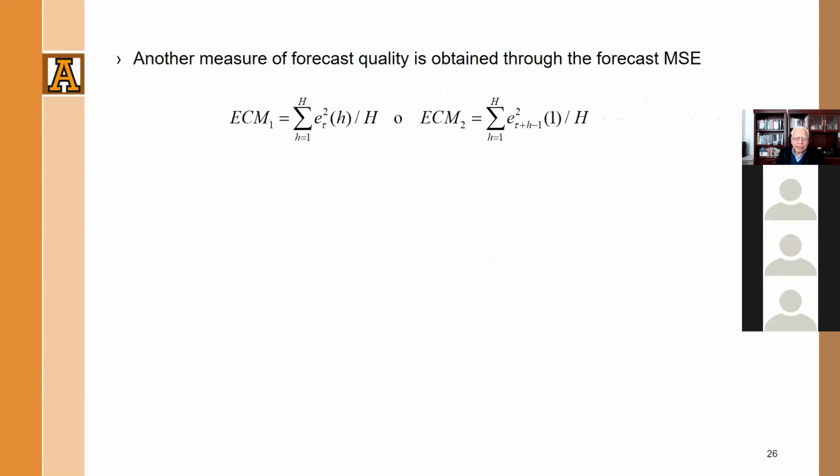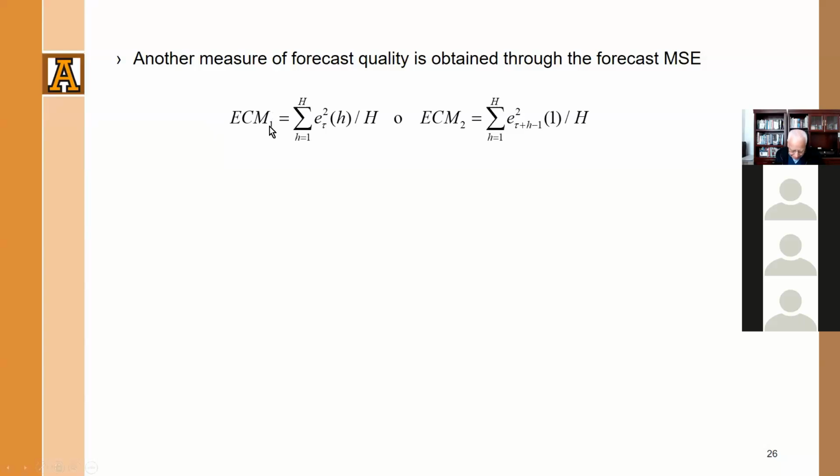Then the error as such is not a very good measure because the errors can cancel themselves out and so on. So what is usually done is we compute the mean square error. Okay, I should change the notation here. That would be the mean square error.